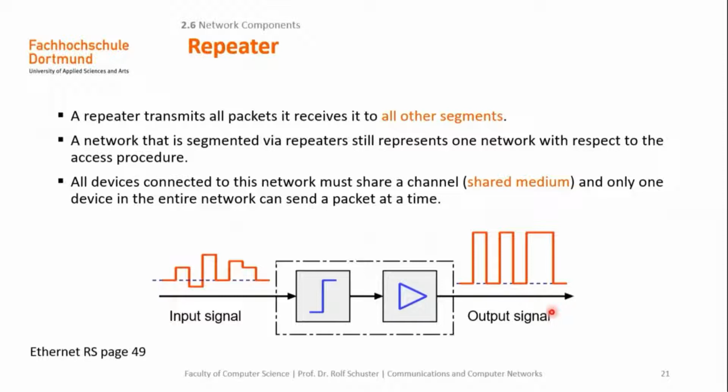In all the cases, the repeater must share a channel, typically a shared medium, or could connect to another media, for instance, a UTP or fiber that connects the repeater to a hub. But what is important to remember is that only one device in the entire network can send a packet at a time.